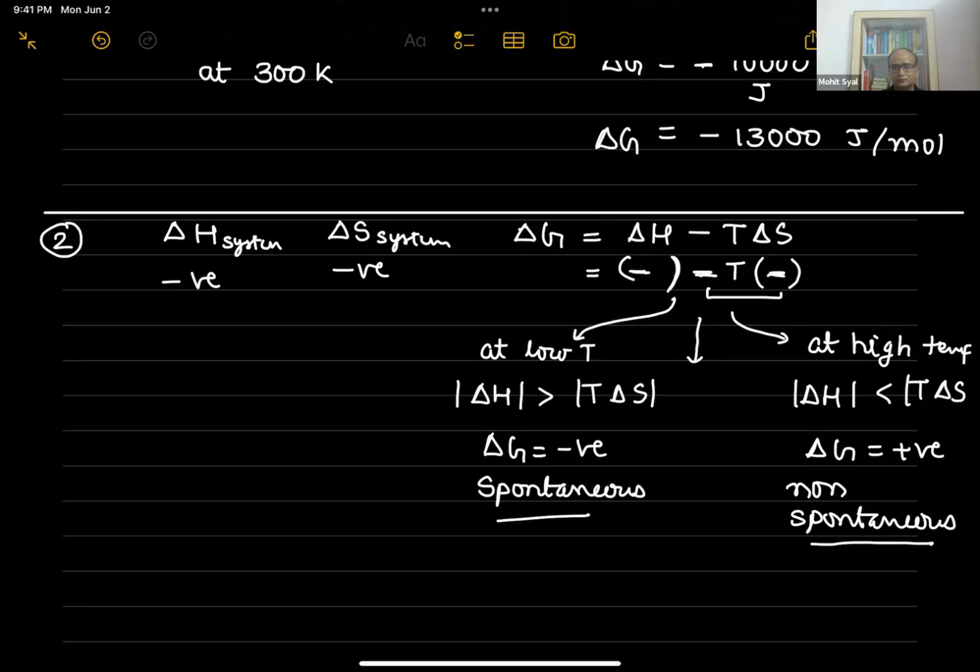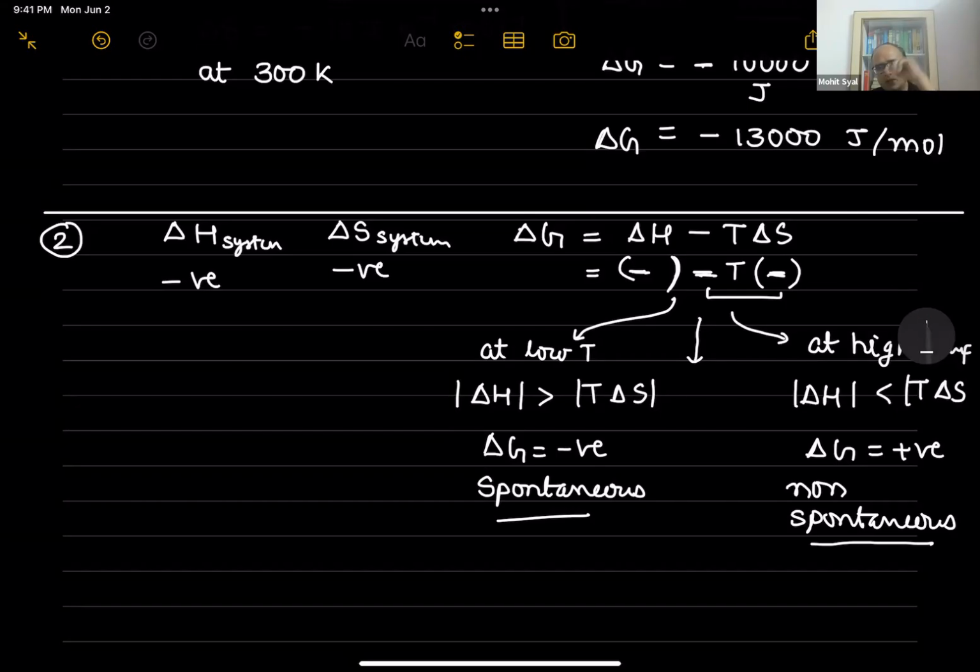Got it? No, but sir, the problem is that we don't have delta H. We have to find delta H, and delta U is given. So you can apply the equation delta H equal to delta U plus delta n g RT. I did, but I don't know what's the R, and I don't know what's the temperature.